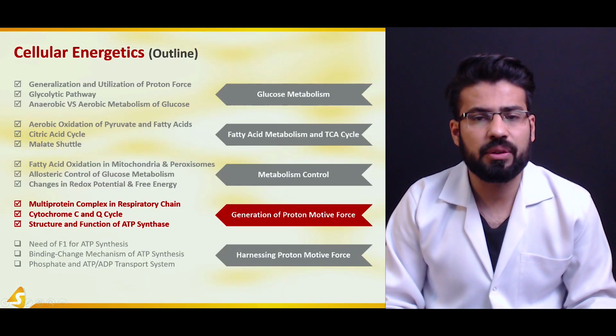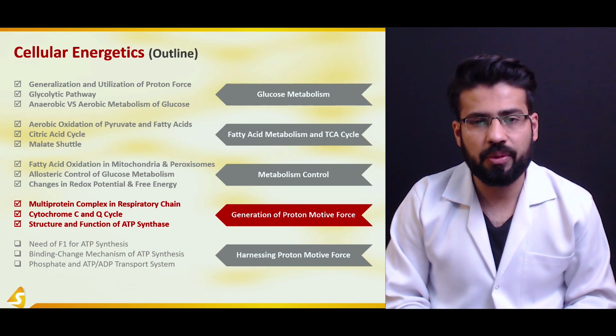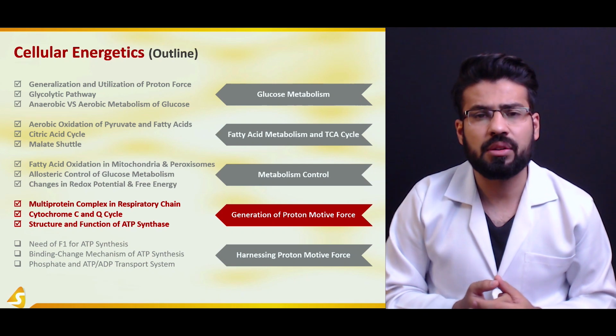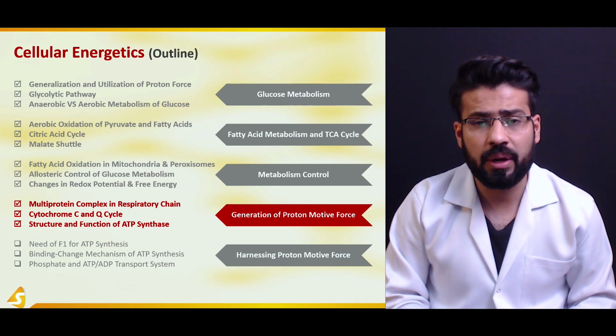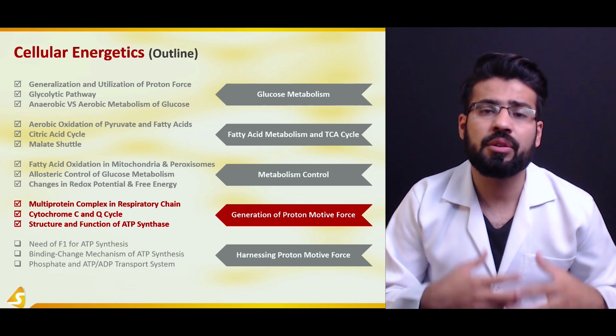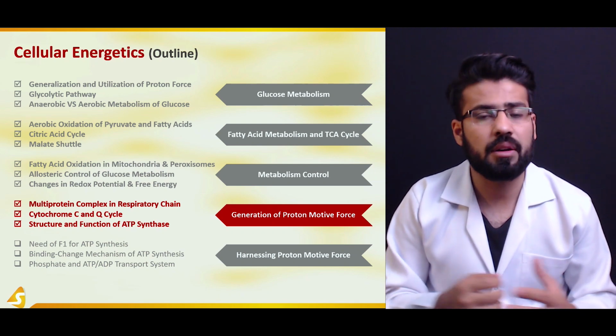So in this section, we focused on the multi-protein complexes in the respiratory chain, and then we followed with an explanation of cytochrome c and the Q cycle, where we discussed two major portions and the net outcome of the two electrons, that is the movement of 4 protons against their concentration gradient.